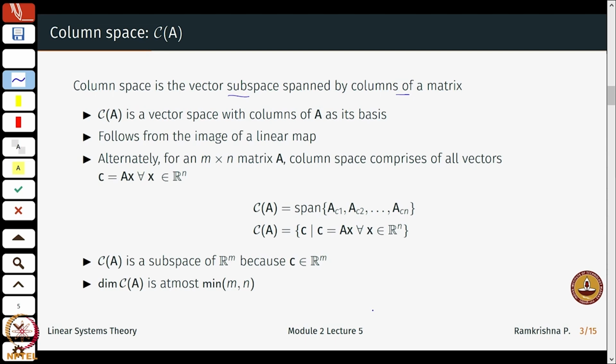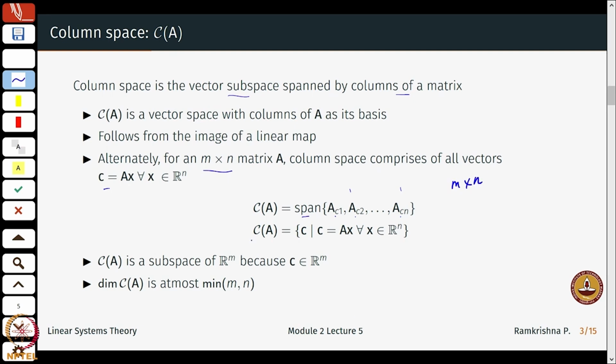If I have an m cross n matrix, the column space comprises all vectors c equal to Ax, such that C of A is the span of all the columns of A: the first column of A, the second column of A, until you have n columns.